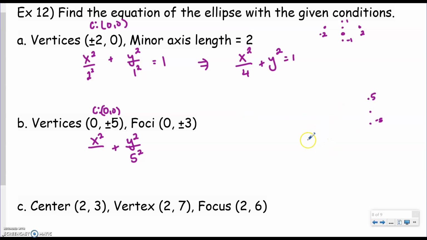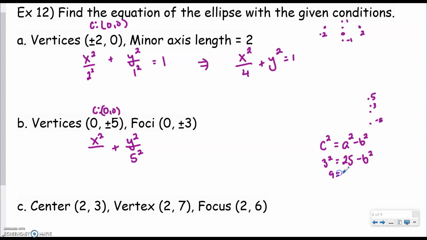Okay, and remember our foci comes from this formula: c squared equals a squared minus b squared. So I have a squared because I know where my vertices are. That's going to be 25. I don't know my b squared. I'm trying to find that. And since the distance between the center and the focus is 3, c squared is 9.